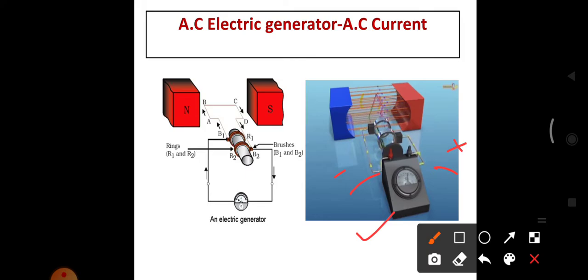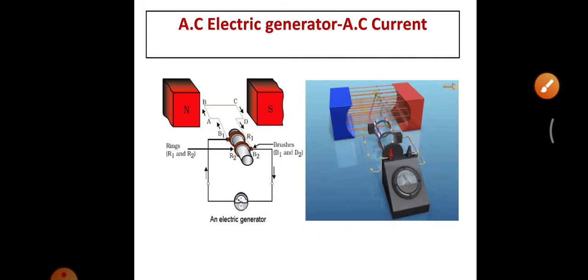That means the direction of the current is changed alternately. So it gives alternating current, that means AC current. For the first half it is positive, the next half it gives negative. These things I already discussed in the last class.